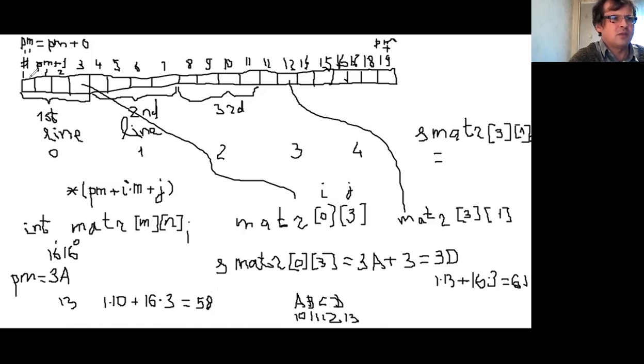No, I'm sorry, 58 is this. 58 plus 13, it is not 9, it is 10, because it is not 12. 12 is this, I'm sorry. So this is 12 and this is 13. So it is necessary to add 13. So 58 plus 13 is 71. Or 3D is 61 plus 10, it is 71 again.